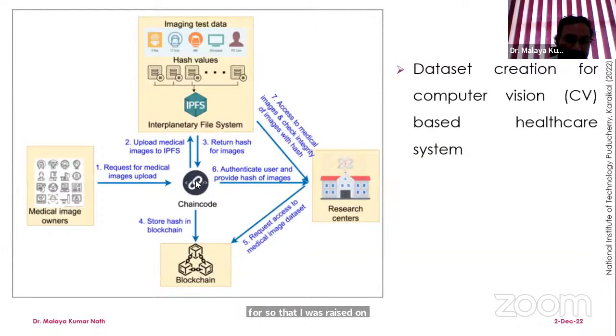So, database creation for computer vision based healthcare systems. Basically, in computer vision systems, medical image data is created. This is also taken from different images. A request for a medical image to be put, then there is a chain code.